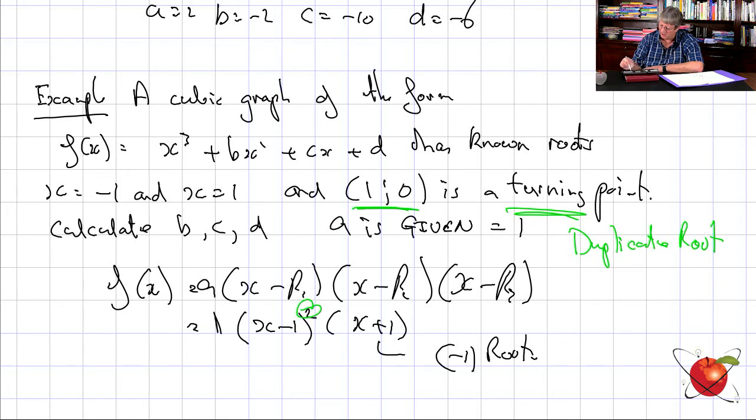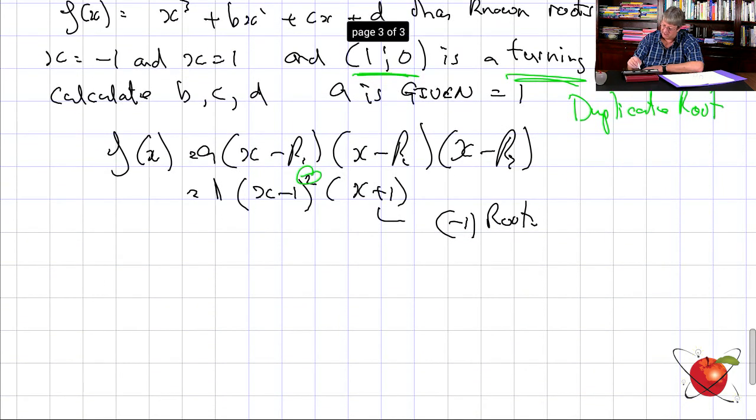The last thing now is you multiply that out. When we multiply it out, we end up with x cubed minus x squared minus x plus 1.